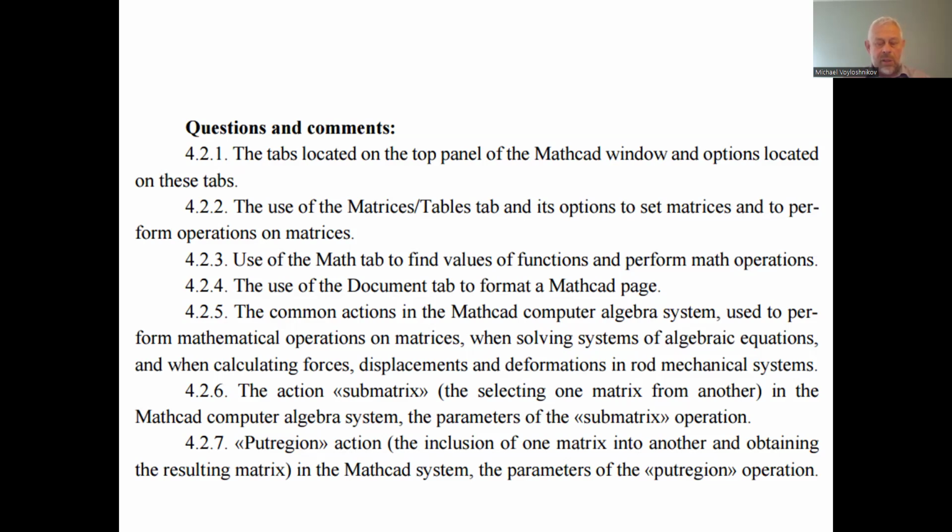The common actions in the Mathcad computer algebra system are used to perform mathematical operations on matrices when solving systems of algebraic equations, when calculating forces, displacements and deformations in mechanical systems. It's very comfortable because we don't need to determine the determinant or the inverse matrix manually.